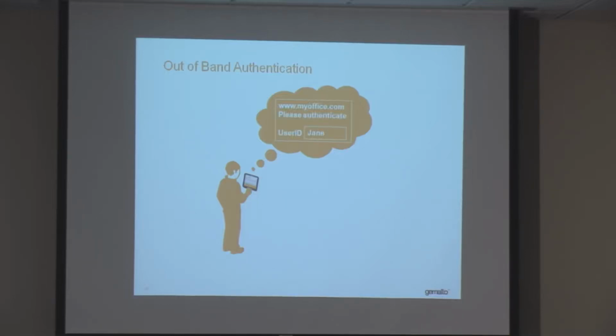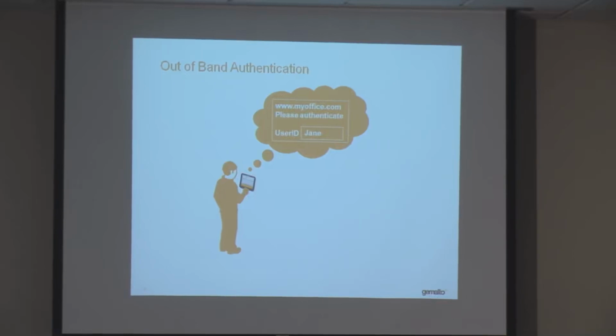So she will enter her user ID, but that website requires PIV authentication or a PIV credential to authenticate. So in order to do that, she will select an option to use mobile derived credentials, or use my mobile PIV, let's say.